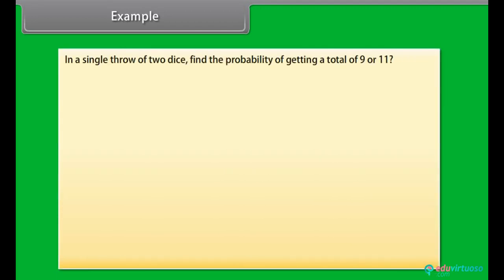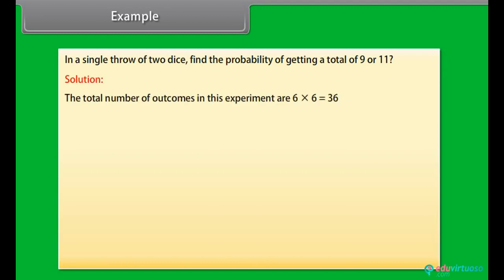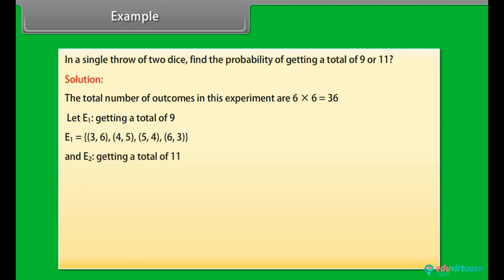In a single throw of 2 dice, find the probability of getting a total of 9 or 11. Solution. The total number of outcomes in this experiment are 6 into 6 is equal to 36. Let E1 be getting a total of 9. E1 is equal to 36, 45, 54, 63 and E2 getting a total of 11.